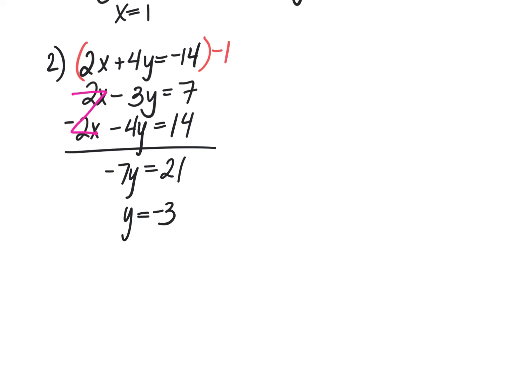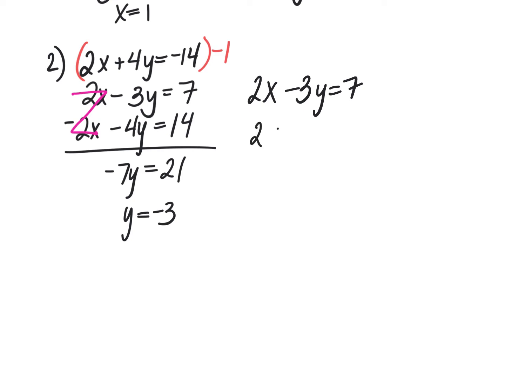Now I can plug it back in to any of these 3 equations. Which one do you want to plug it into? I'm going to do the 2x minus 3y equals 7. I'm going to plug it in there.